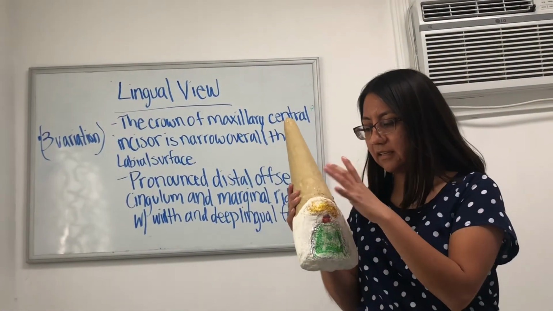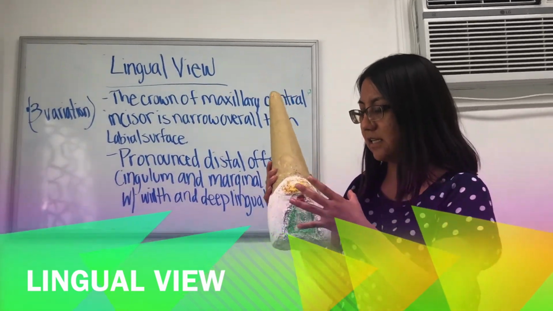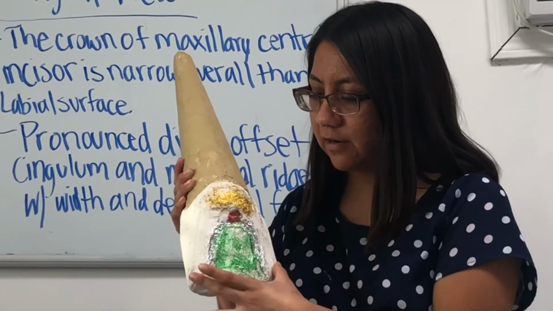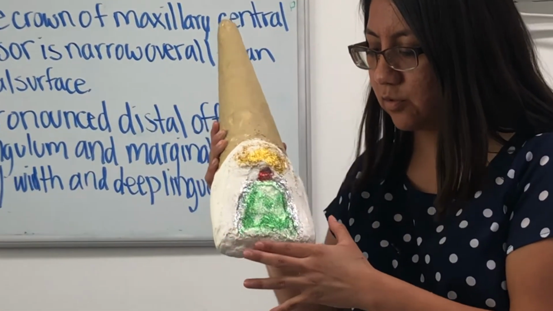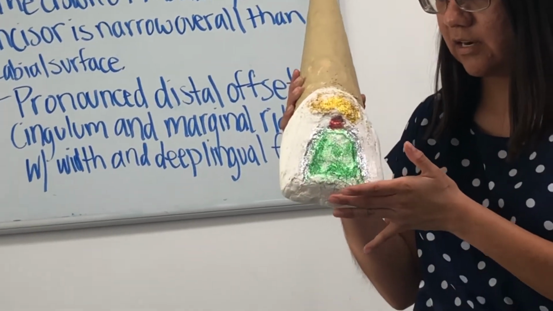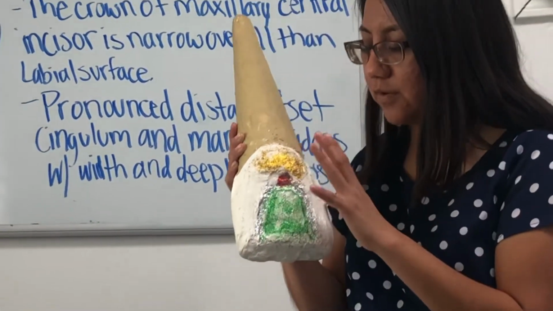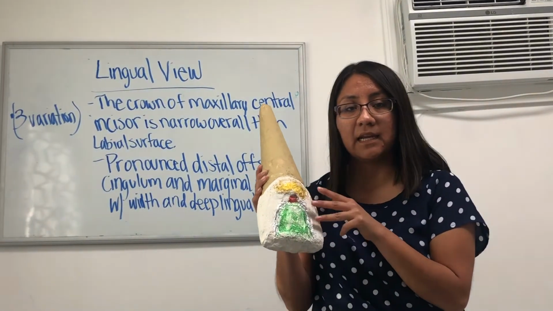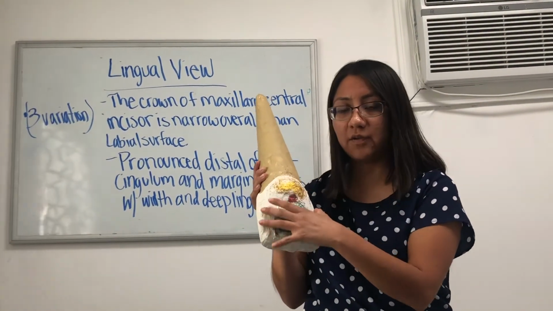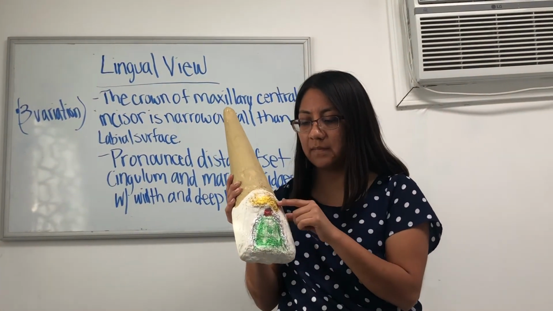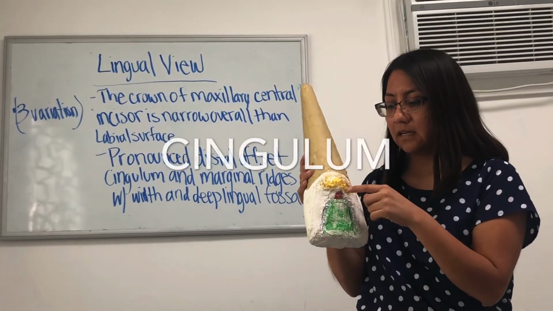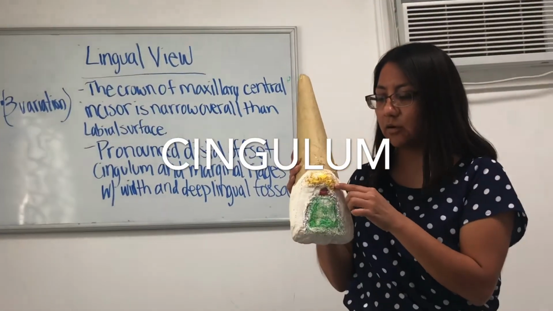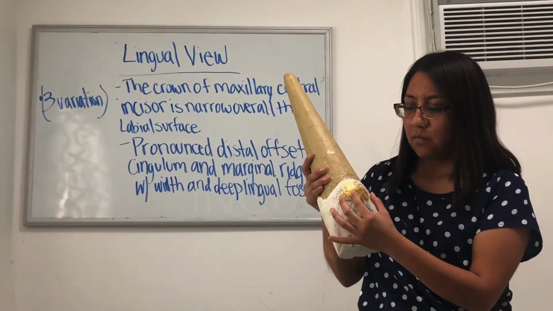Now, looking at the lingual view, you can see that the crown is narrow as it goes down to the lingual incisor ridge compared to the facial view. There's 3 important features that you should keep in mind from the lingual view of this tooth, and one of them is the cingulum. The cingulum is located to the distal.